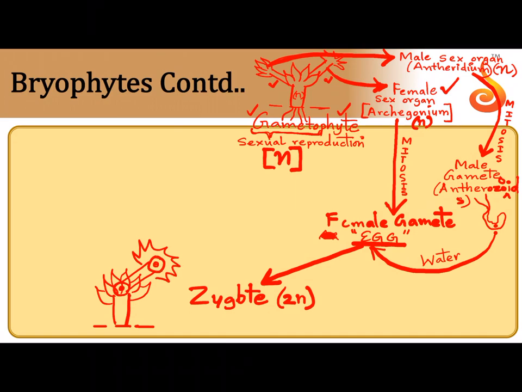Now here the zygote is present. So this is the zygote. Why am I showing it on this branch? Because the egg did not go anywhere. The sperm came to the egg, isn't it? Now the zygote develops into a new plant which is still attached to this plant.